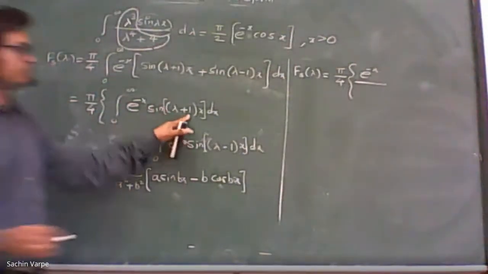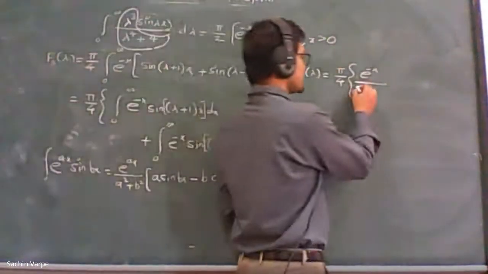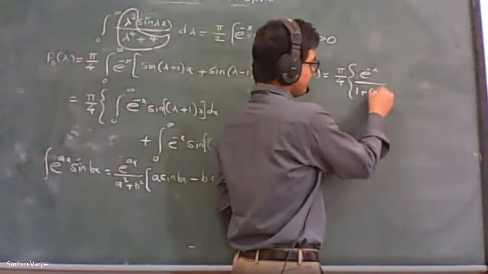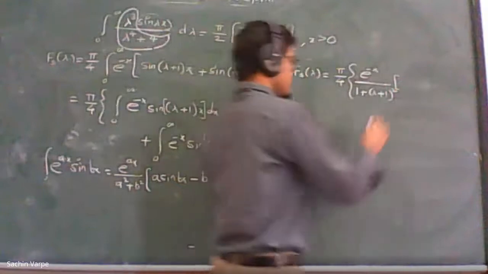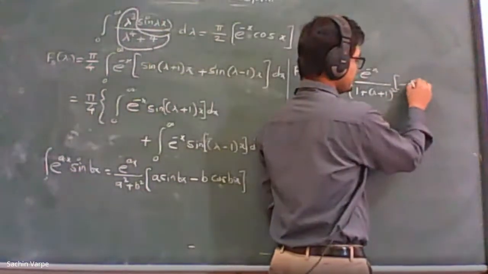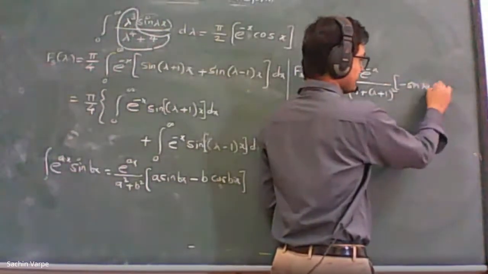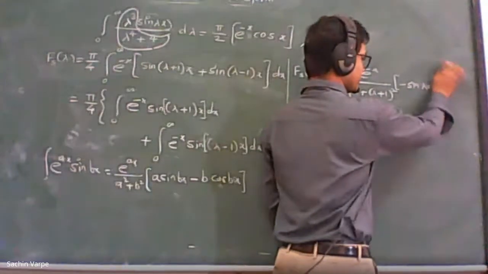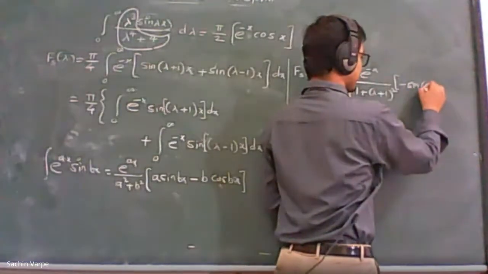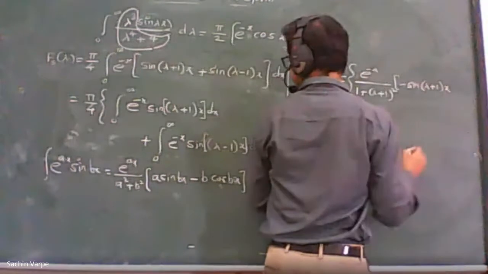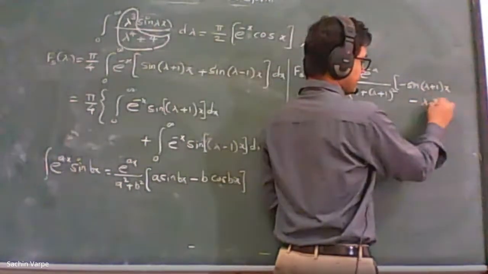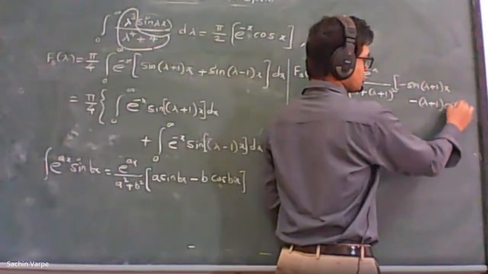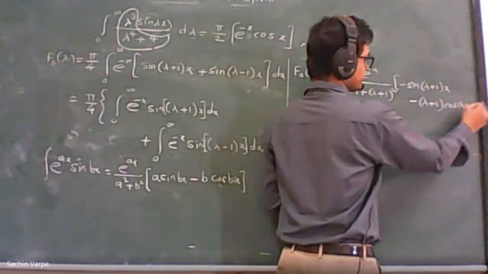So minus 1 squared plus lambda plus 1 squared, into a sine bx, that is minus sine lambda plus 1 x, and minus b cos bx, that is minus lambda plus 1 cos lambda plus 1 x.